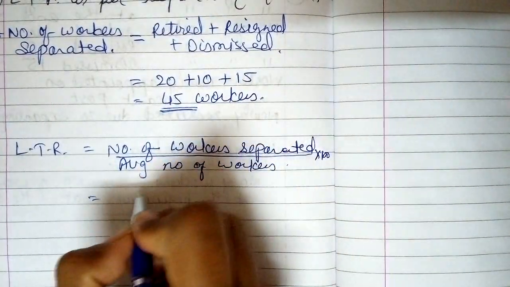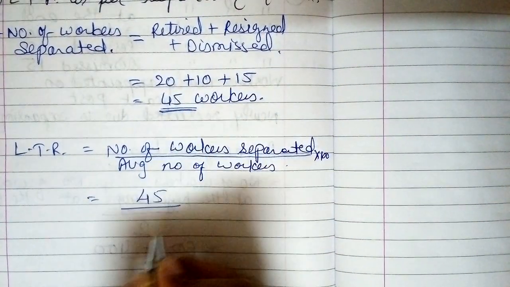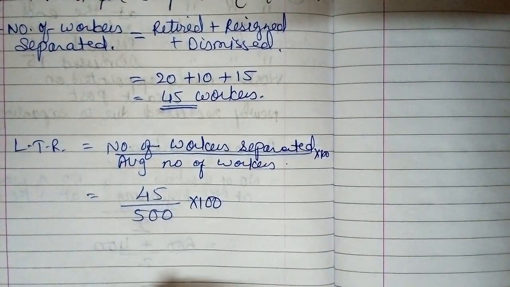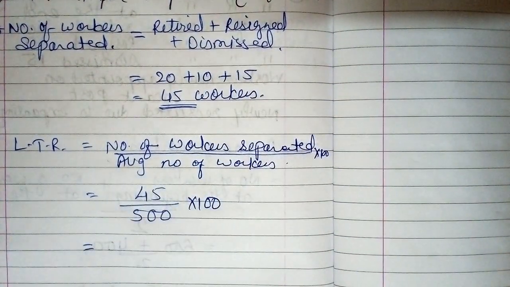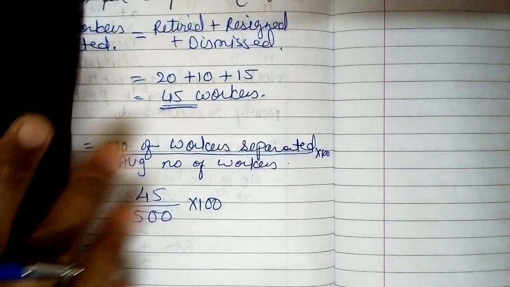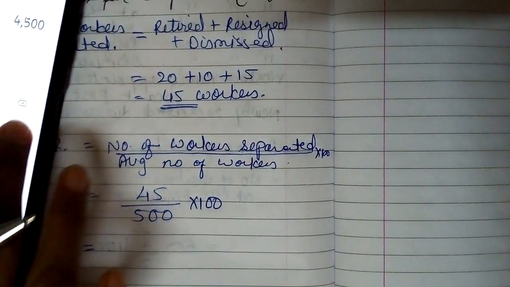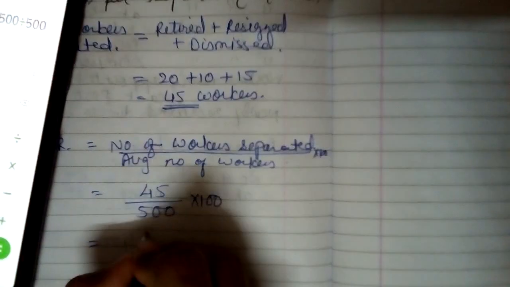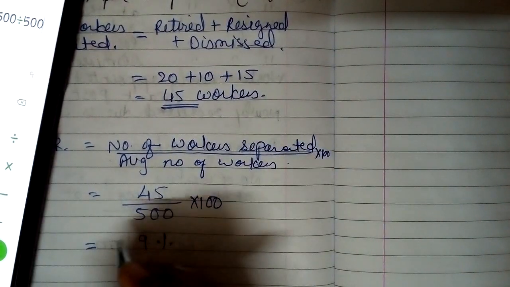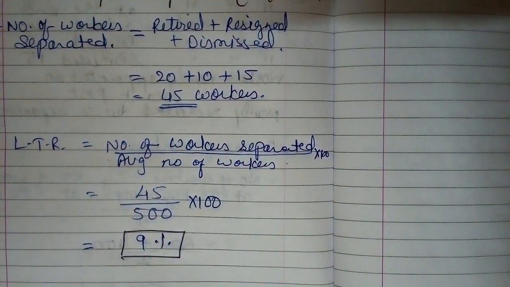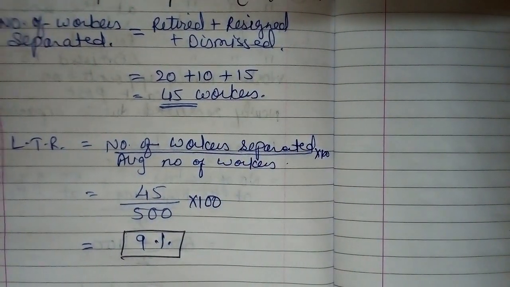So the number of workers separated 45, average number of workers 500, and into 100. So the answer will be 9%. So on an average, 9% of the workers are separated from the organization.